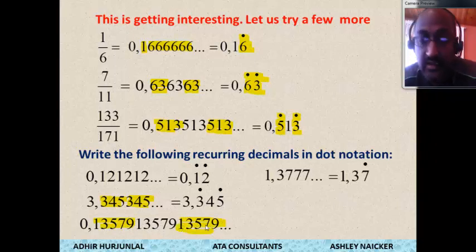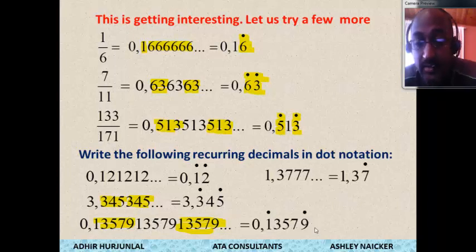Can you see the pattern? It is the 1, the 3, the 5, the 7, and the 9 that recurs. Where would I put the dots? Obviously not above everything. It will be above the 1, and the next dot will be above the 9, telling me that whatever digits I see from here right up to here, these are the digits that will recur.